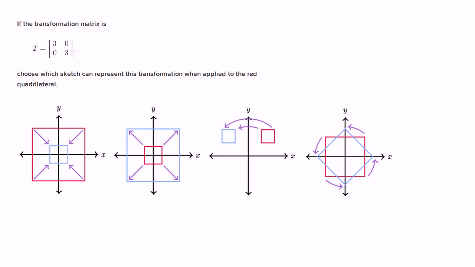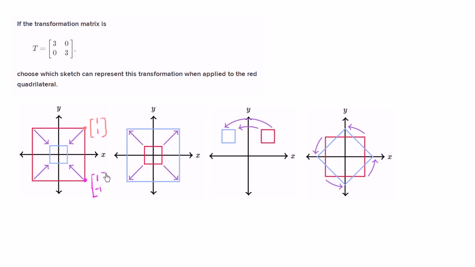Let's say, for the sake of argument, that this point right over here is the position vector, which I'll represent as a column vector. Let's say this is a square, so this is 1, 1. This next one would be 1, negative 1.